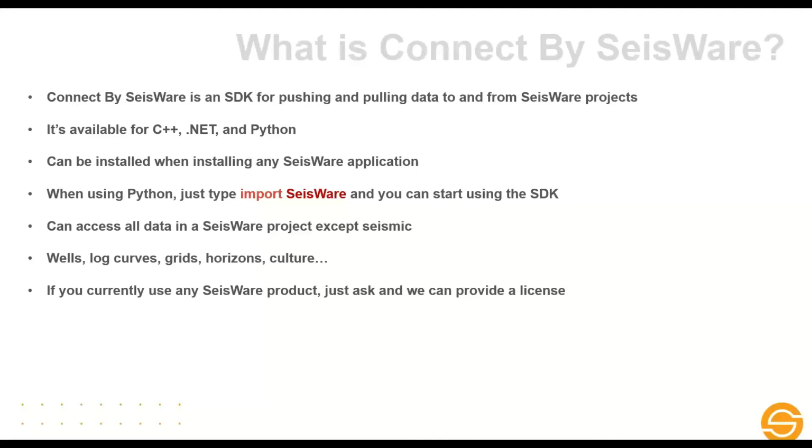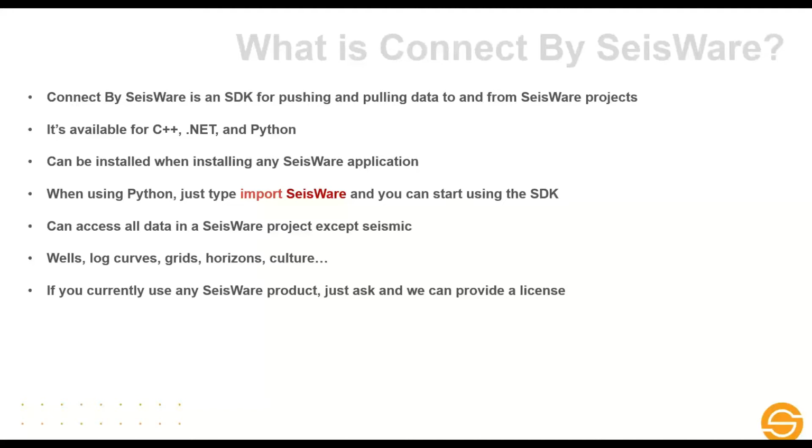It's available in a couple of languages. You can use C++, .NET, or Python, which is what all the examples I'm going to show are in. To install it, it's as straightforward as a toggle in the installer, while you're installing the SeisWare application, to include Connect by SeisWare, or our SDK, and have it set up on your system.